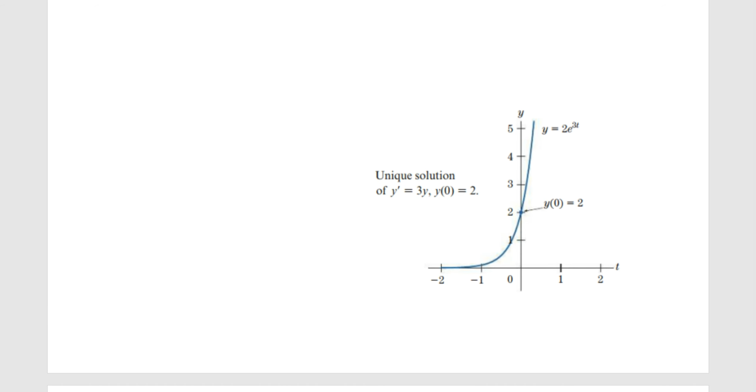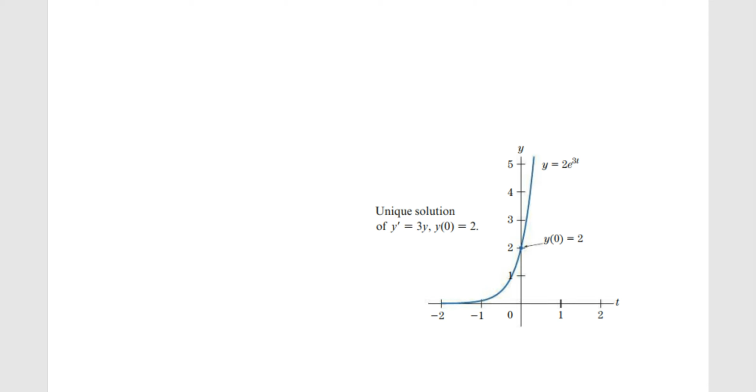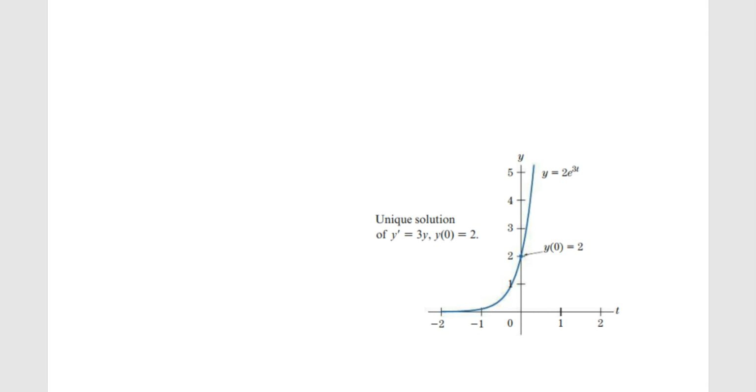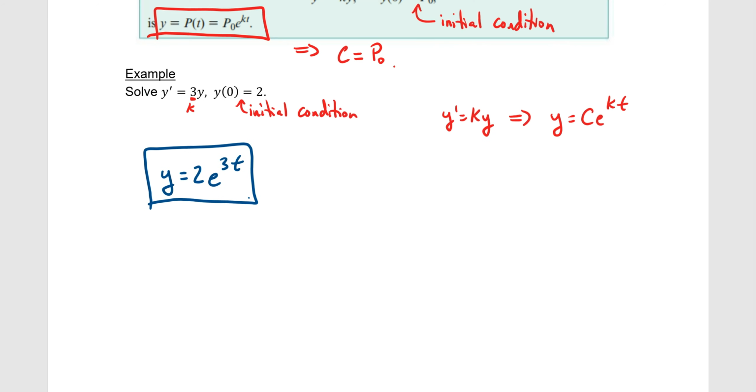And here is just this graph for it. This is the function y equals 2 e to the 3t, which we just found is our answer. So this function, in this case the graph of the function, where we have this initial value, y of 0 equals 2, is a solution to the differential equation.